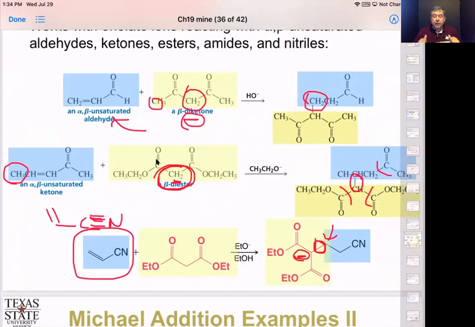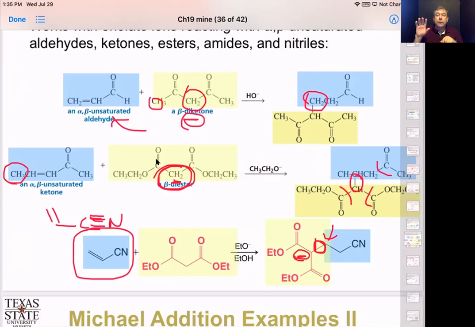Okay, questions about the summarization of chapter 19. Again, the great thing is it's all the same mechanism. Draw it on a piece of paper: Claisens are esters and give me beta keto esters. Cross Claisen, the one that was the ester with the alpha hydrogens is the one that's the ester at the end. Okay, aldol.